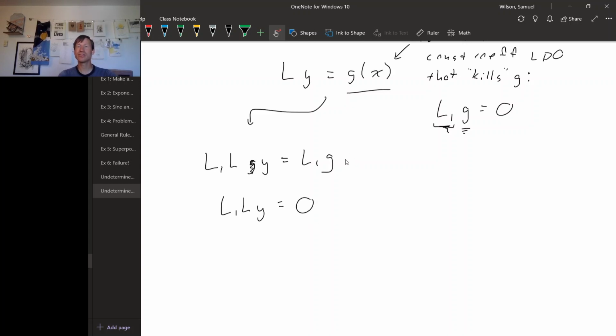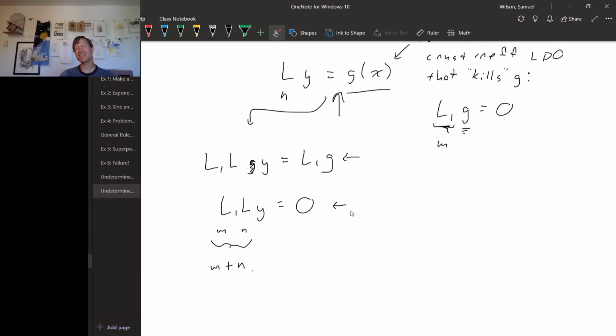So this turns our original differential equation, which was inhomogeneous, into a higher order homogeneous differential equation. It's higher order because if L was order n and L1 was order m, then together they make order m plus n.